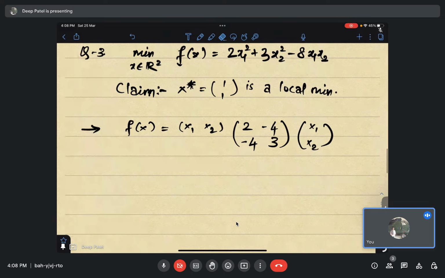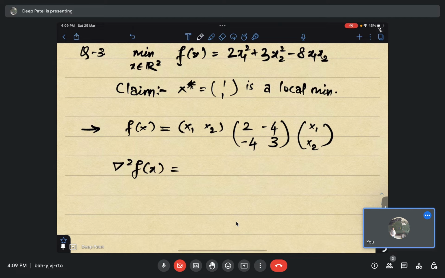Okay, so what do we do now? Now we can check for the positive definiteness. That's one way to do it.